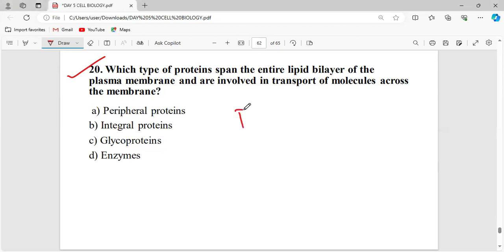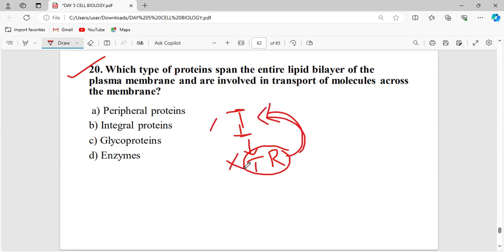See, integral protein is an umbrella term, and the transmembrane protein is a type of integral protein. So all transmembrane proteins are integral proteins, but not all integral proteins are transmembrane proteins.